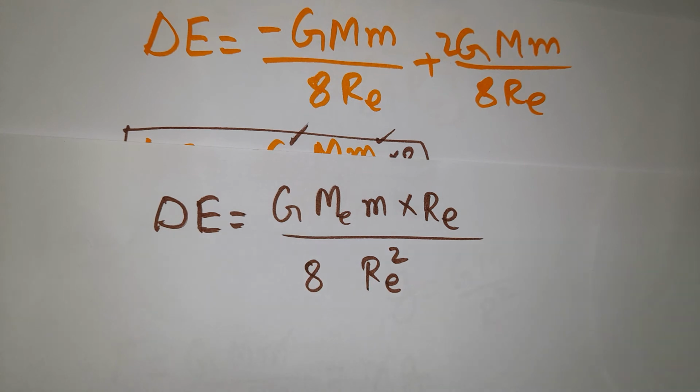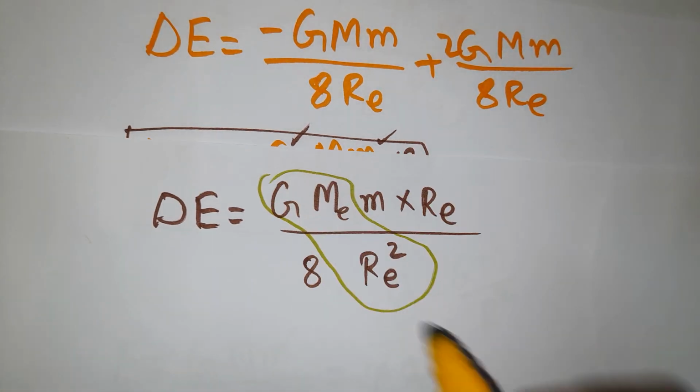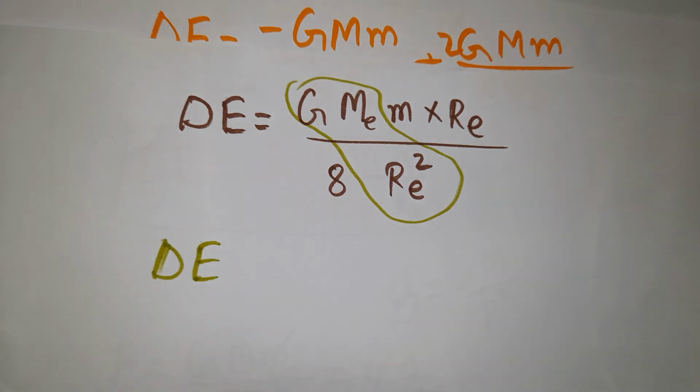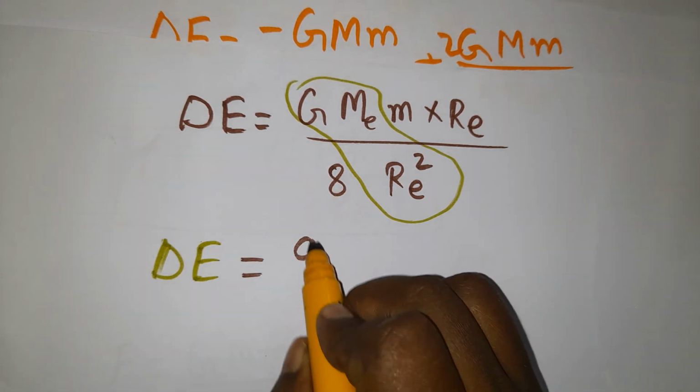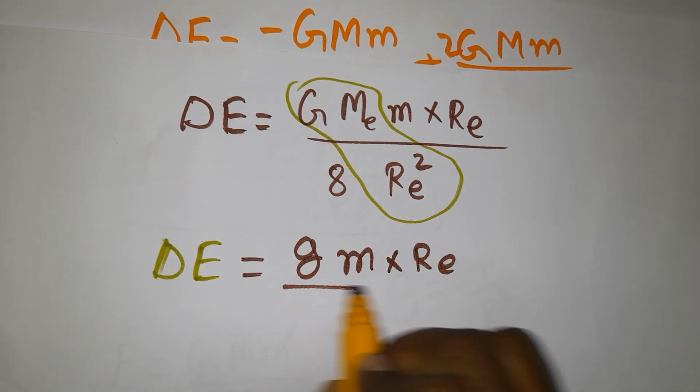Now see here, capital G M e by Re square, all of this we can call small g. So what is the change in energy? The next step is very simple: g times mass of the satellite times radius of the earth divided by 8.